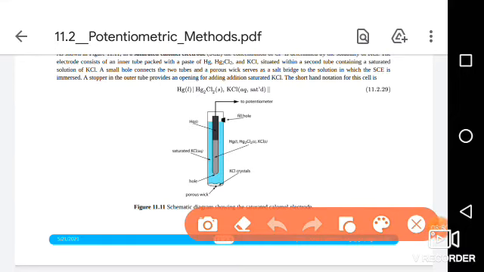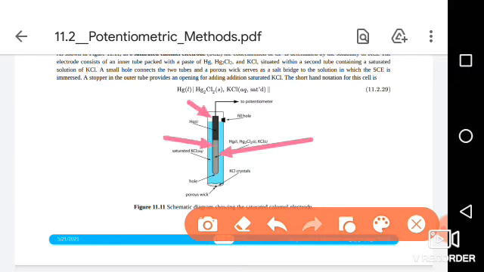Here the first tube is filled by means of the paste of Hg2Cl2 and Hg, and here the saturated KCl is there.